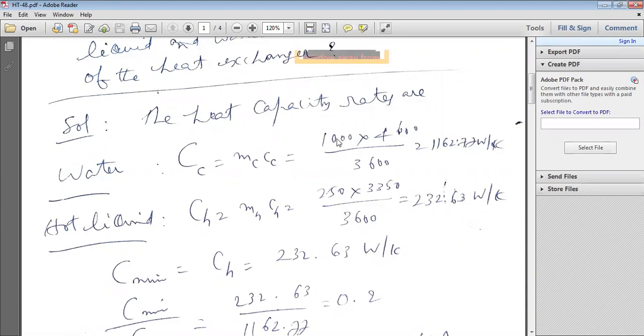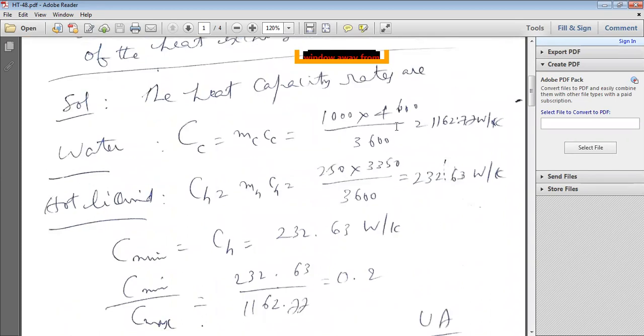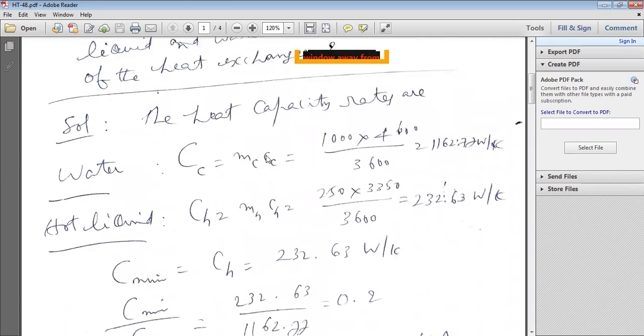But you have to convert it into kg per second. That's why 1000 divided by 3600 into specific heat of water. That is 4.6 kilojoules per kg Kelvin. That you have to remember, or you have to take from the heat transfer data book. That is constant. 4600 joule per kg Kelvin or 4.6 kilojoules per kg Kelvin for water specific heat.